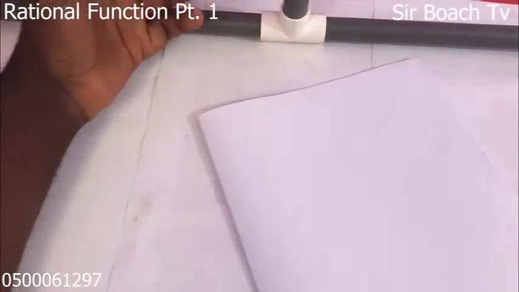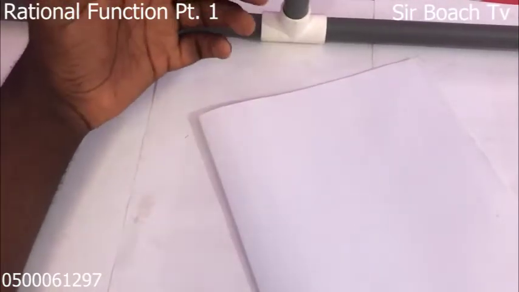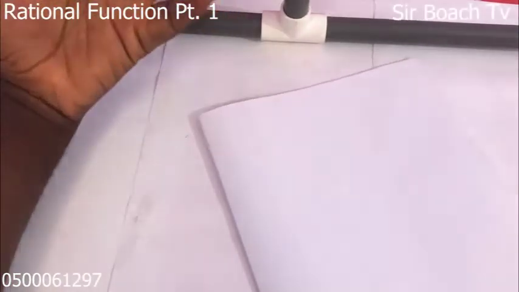What are rational functions? They are functions that come in the form of a denominator and a numerator, like a fraction, right? But either the numerator or the denominator is a function on its own, and mostly they are called polynomials. So those are rational functions.